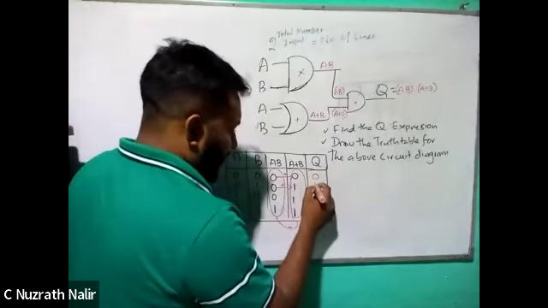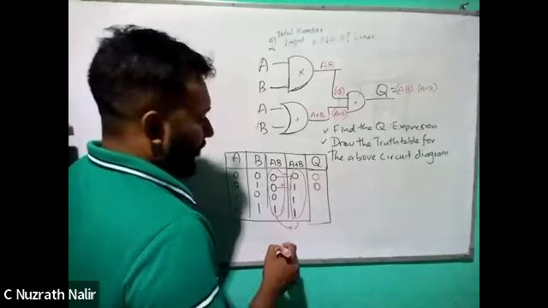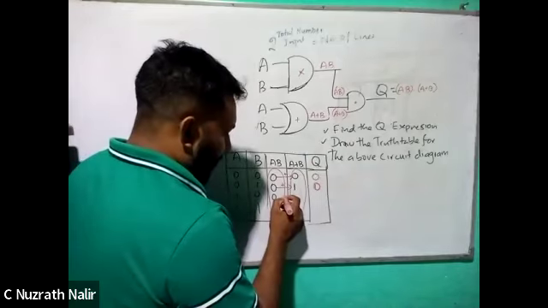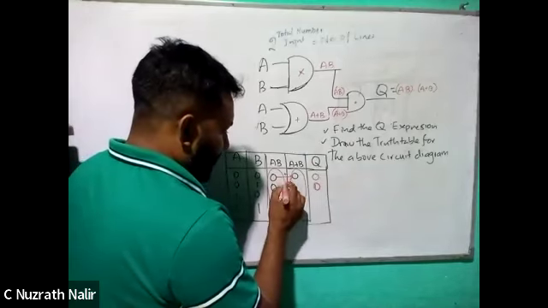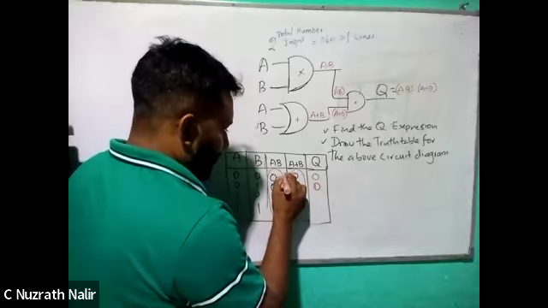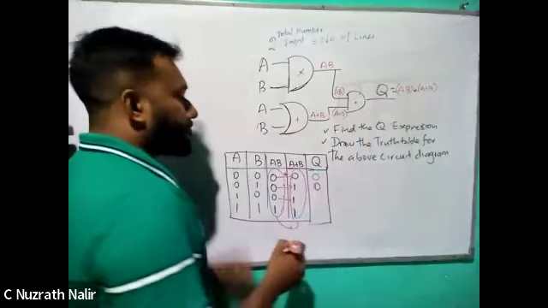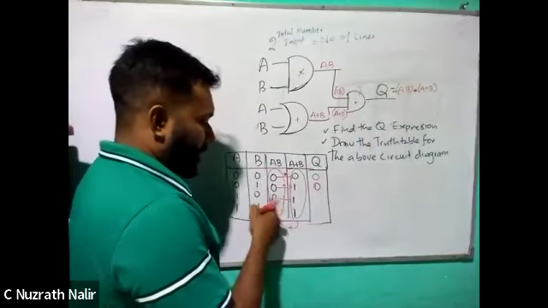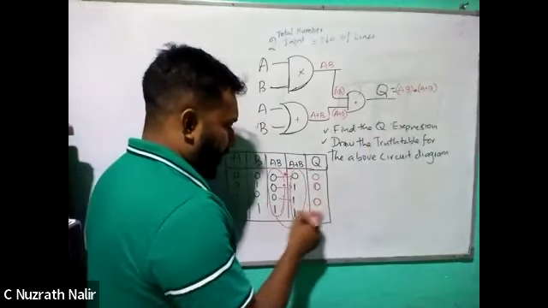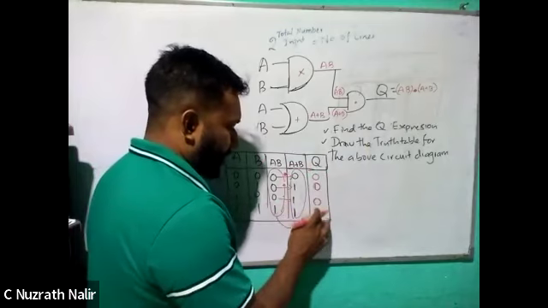Sorry, multiply. 0 multiply with 1. Multiply in between. 0, 1 is equal to 0. 1 into 1 is equal to 1.